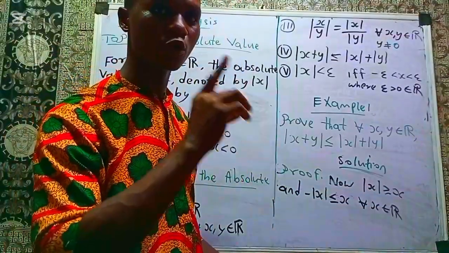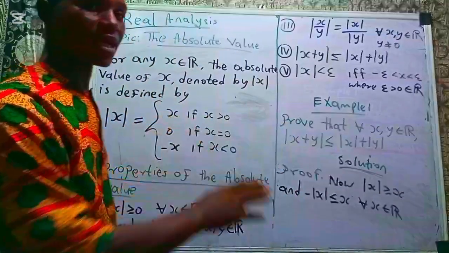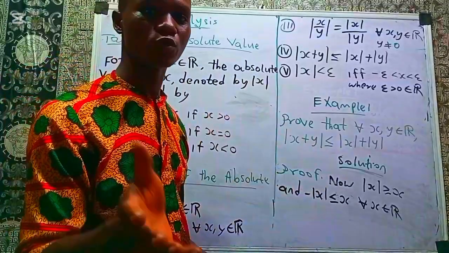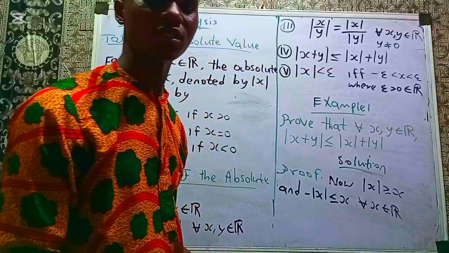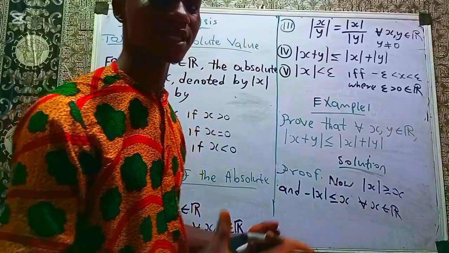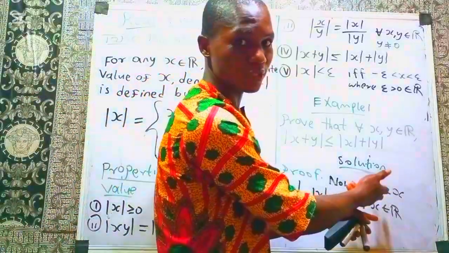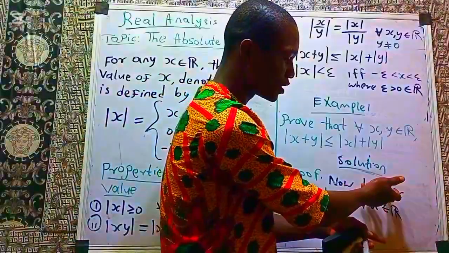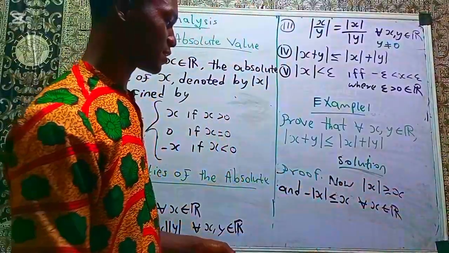So equality will only hold if the real number is positive, from the definition. For instance, if x is 2, the absolute value of 2 is the same thing as 2, so equality will hold. What happens if x is negative? Let me say negative 3. Then the absolute value of negative 3 is positive 3. So positive 3 will be greater than negative 3. So that's what that says.